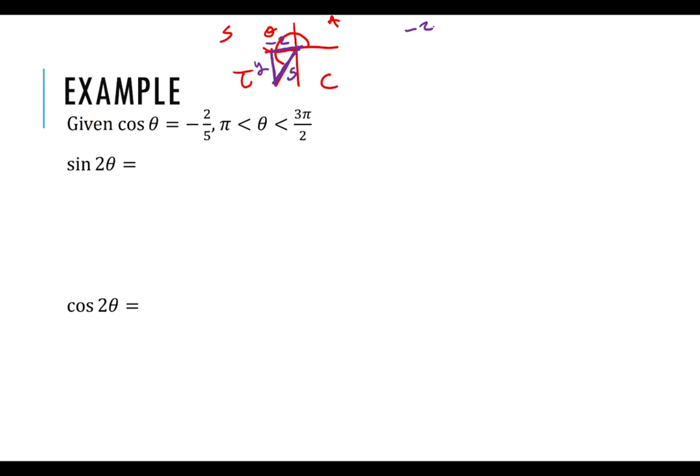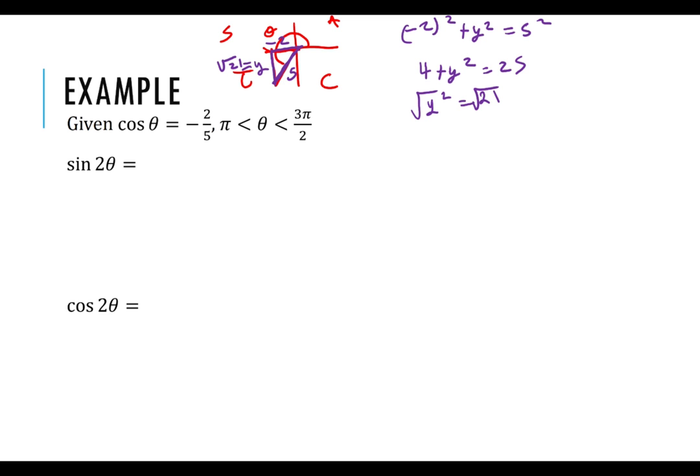That's going to be negative 2 quantity squared plus y quantity squared is equal to 5 quantity squared. Therefore, I get 4 plus y squared is equal to 25. Minus 4 from both sides, I get that y squared is equal to 21. Take the square root of both sides. I get that y is equal to root 21.